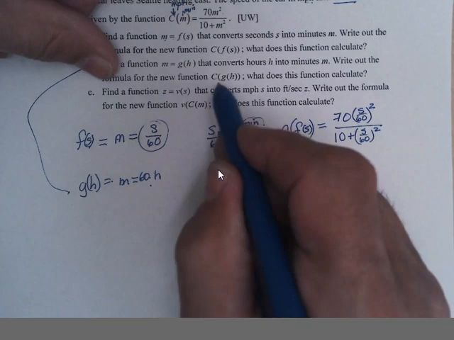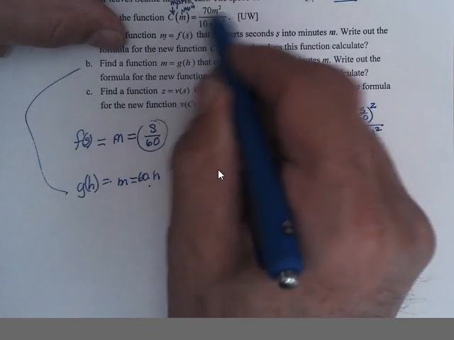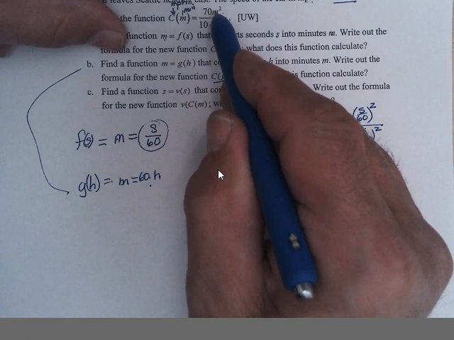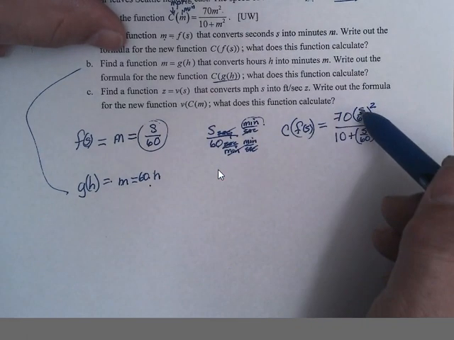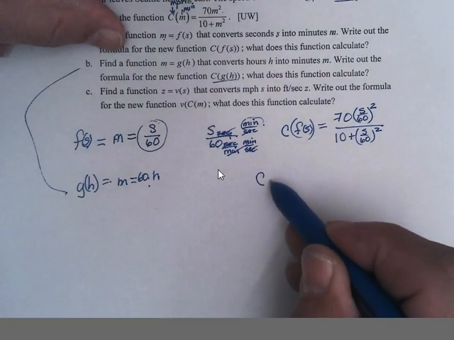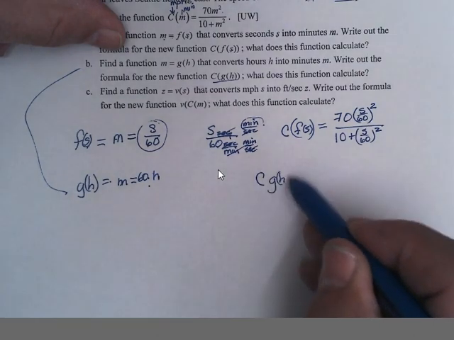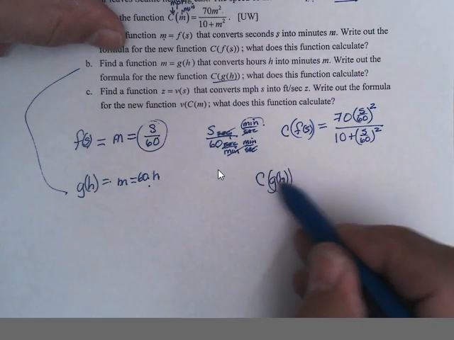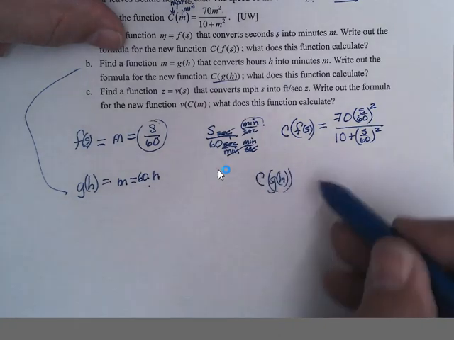So now they want us to write the function, this original function, so that it can accept not minutes, not seconds, but hours. So it's going to be C of G of H: give it H, it gives minutes, gives minutes to the C, and it gives us our speed.